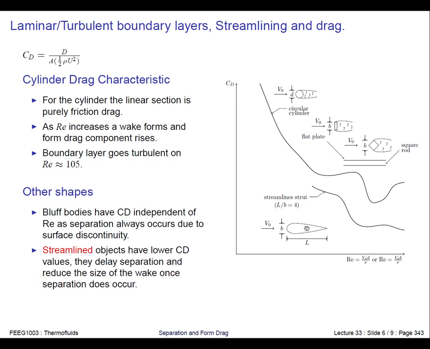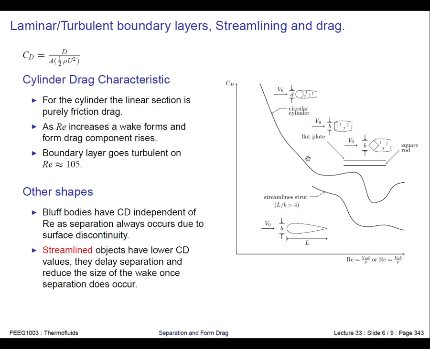So if you have a streamlined shape like this, you're actually greatly reducing the size of the wake coming off, because it doesn't really want to separate, and it will separate quite late, and this keeps the wake much more narrow, and you get a smoother drag characteristic for a streamlined shape, and it's much less drag.